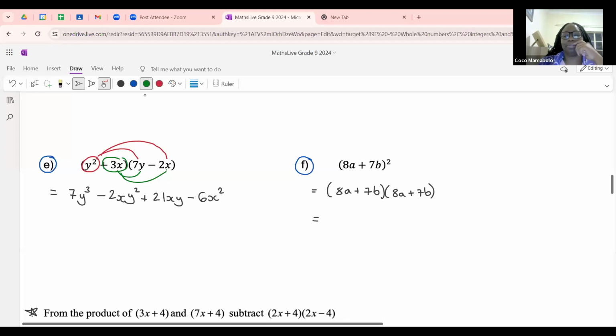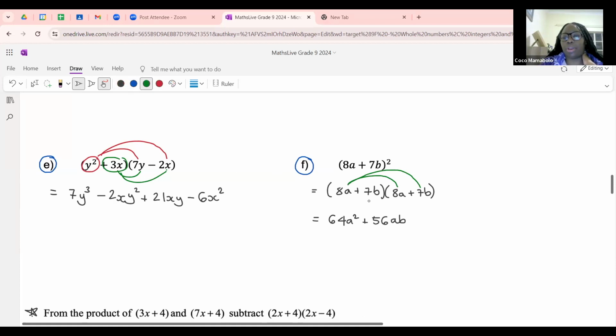All right. Okay, when we do the second one over there, thank you, Jenna, for helping us out with F, because you've already told us that we need to write it out twice. So you've helped us a lot. Okay, I'm going to get 8a times 8a. That's going to give me 64a squared. Then I'm going to get 8a times 7b. That will give me positive 56ab.